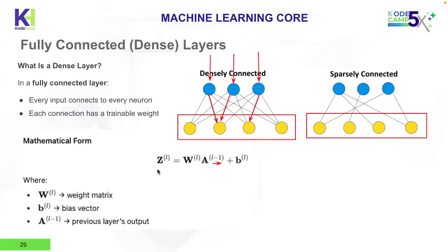So basically the mathematical form of a fully connected layer is the Z. Remember the Z is the intermediate output before it goes into the activation function. When it goes through the activation function, it becomes A, which is the activation of that layer, or Y hat, or rather Y. But we don't use Y or Y hat in neural networks unless it is in the output layer, because the output layer is the one that directly relates to the Y, which is the true value or the value you are trying to predict.